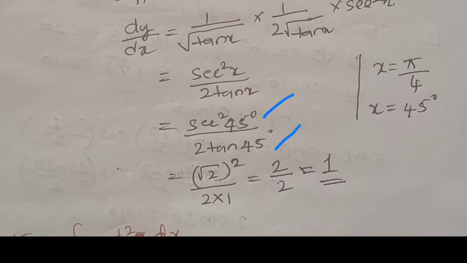Secant square 45 degrees is root 2 whole square. And 2 into tan 45, tan 45 is 1. So root 2 squared is 2, divided by 2, you will get 1. The answer will be 1.